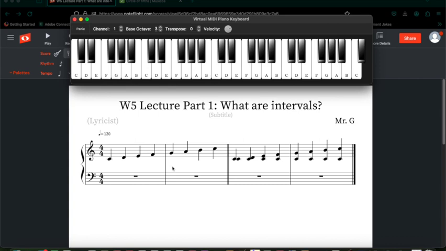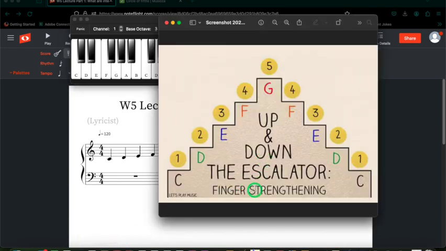Each interval is written a certain way, but first I want to give you an analogy that you can use to help you understand what intervals are a little bit more clearly, as well as how we will label them. Let me pull up this example of a staircase. Now I know it looks a little bit elementary, but I promise that it is quite effective in getting the point across.